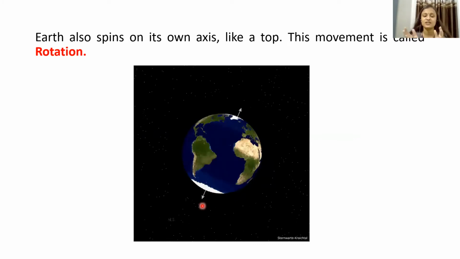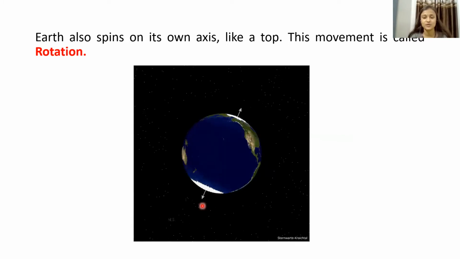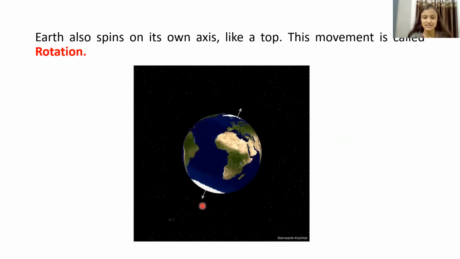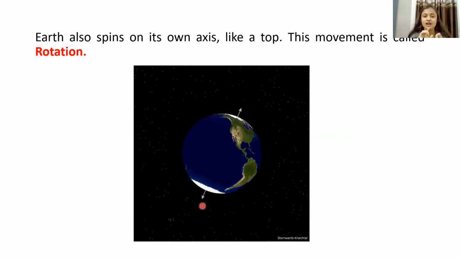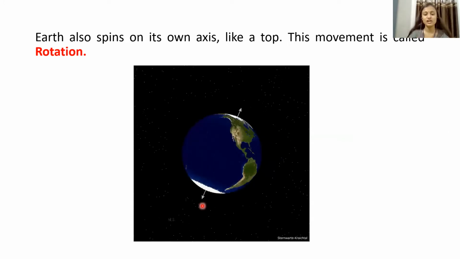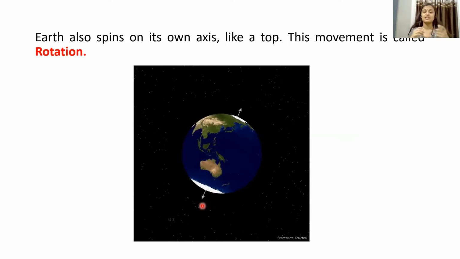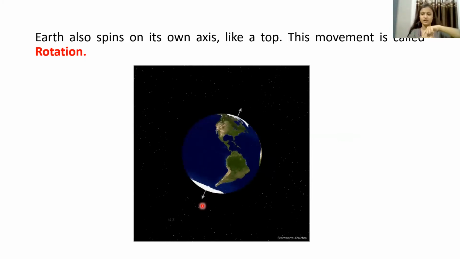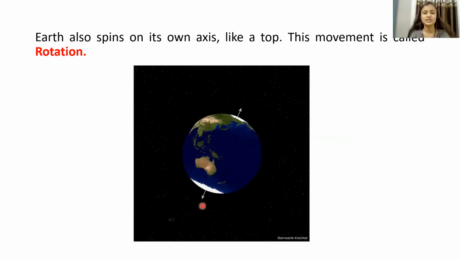So this movement is called rotation. The difference between rotation and revolution is that in rotation, Earth is going round and round on its own axis, and in revolution, Earth is going around the sun. All right, students, I hope this is understood.